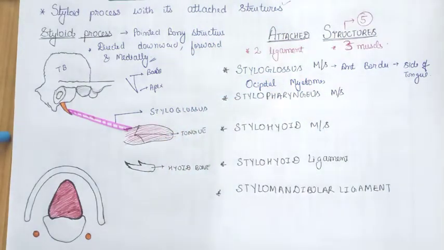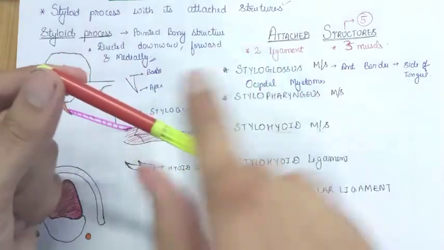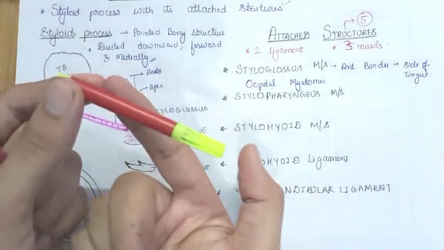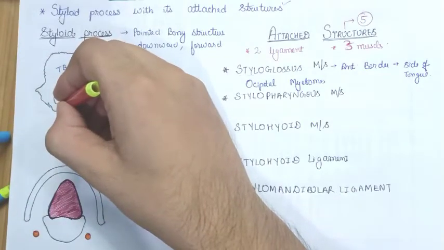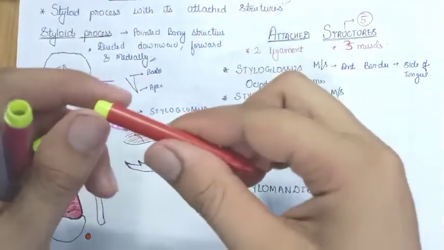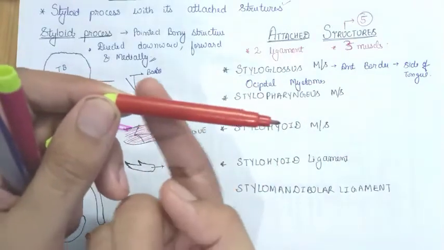Now the second muscle to draw is the stylopharyngeus, and how it is oriented. So suppose this is the styloid process over here. This is the lateral side and this is the medial side. So it originates from the medial side of the base. This is the base and this is the medial portion.